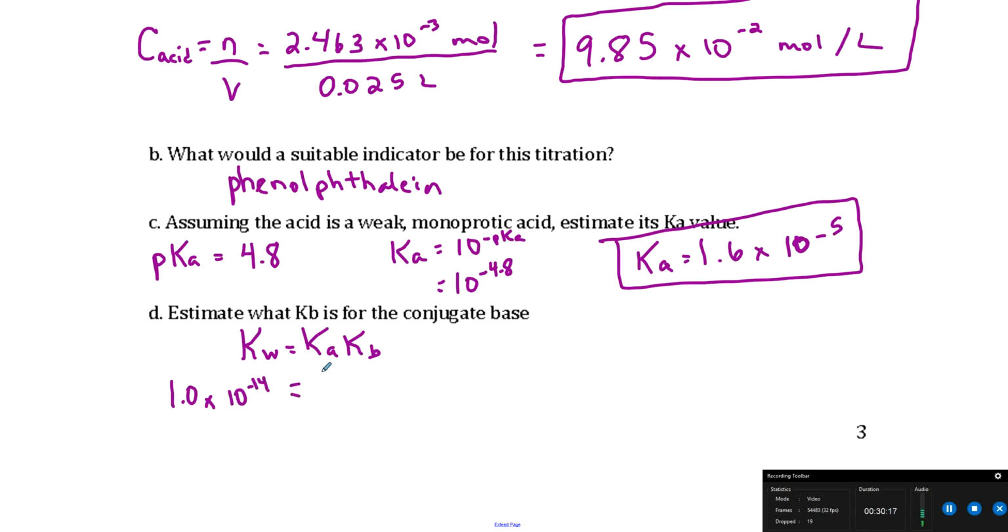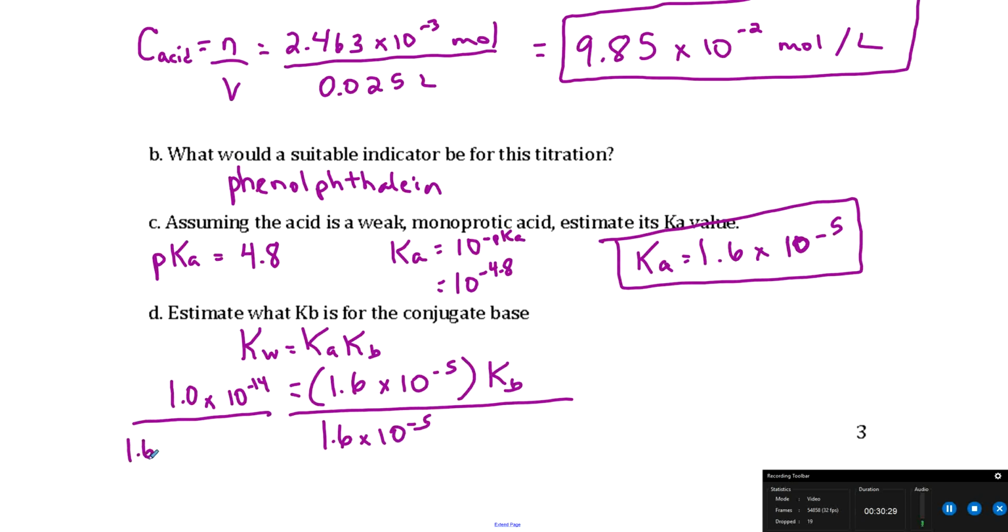We just found Ka, so we can find Kb just by doing this. And therefore, when you divide, Kb would equal 6.3 times 10 to the negative 10.